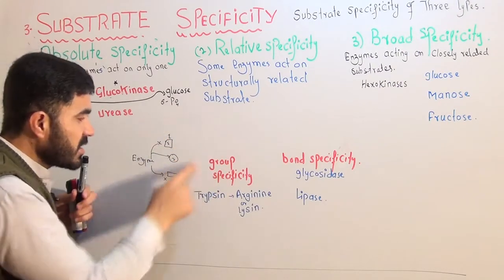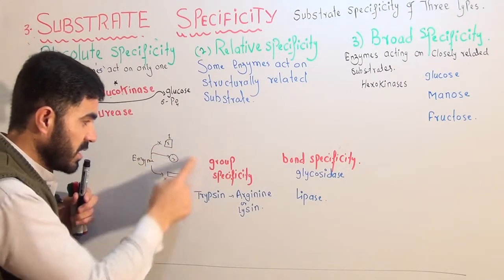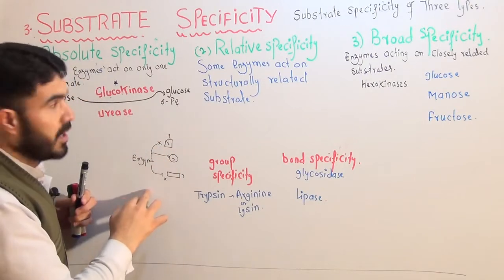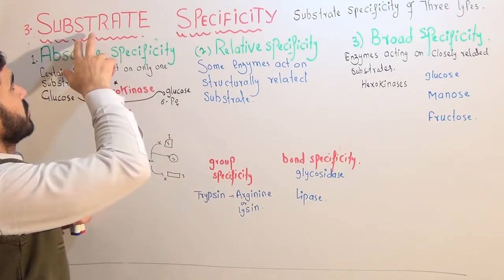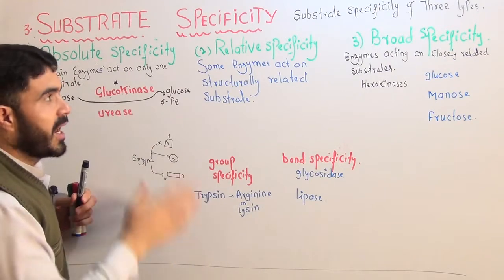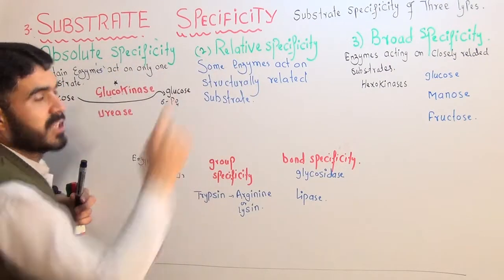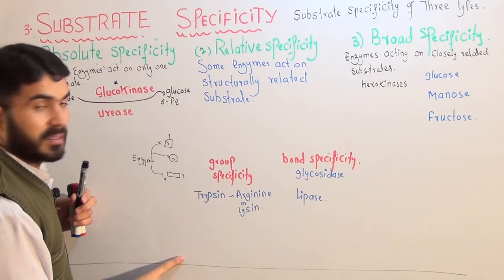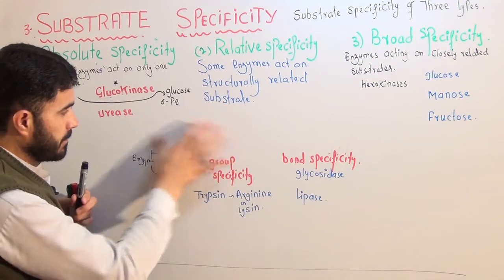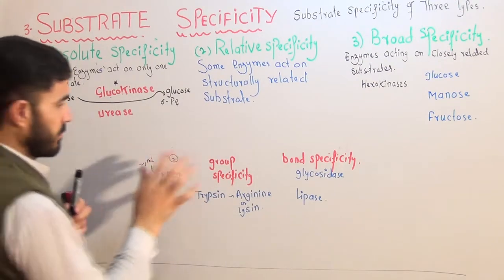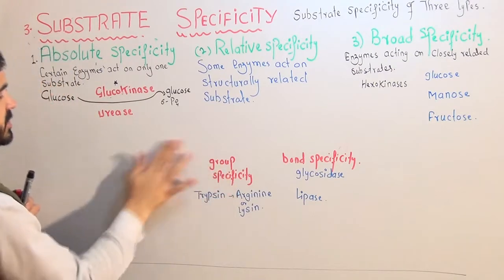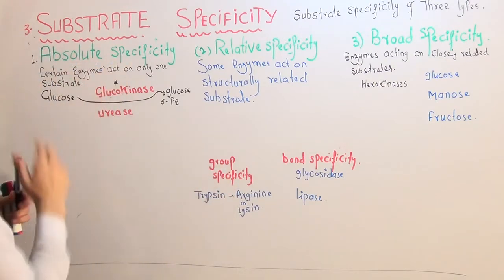Okay, this example is not enough to understand the whole topic. I must teach you the three types of substrate specificity. The first one that we have is absolute specificity.